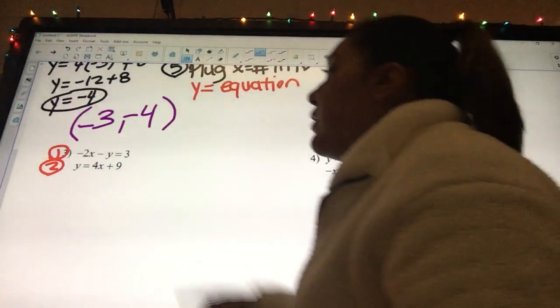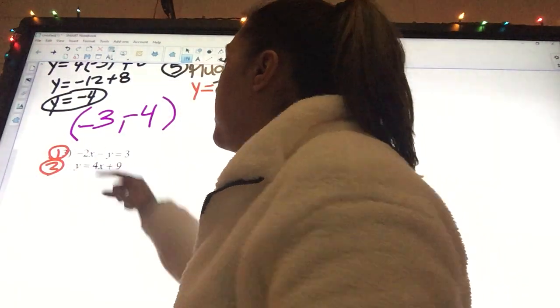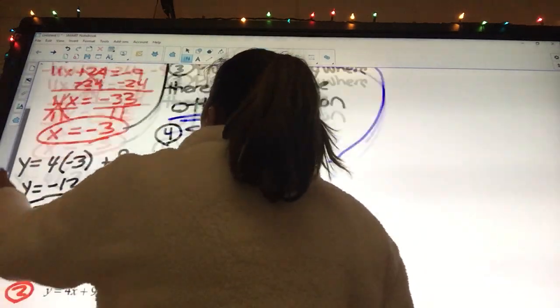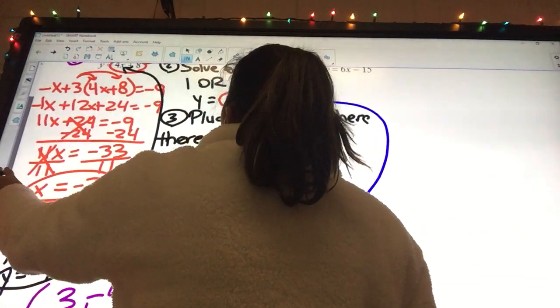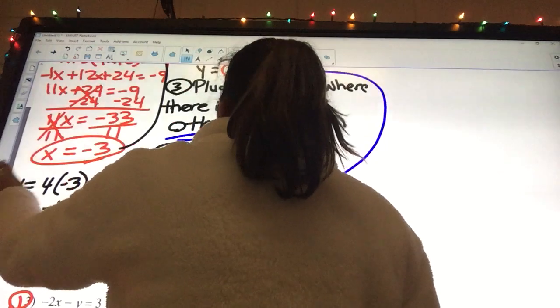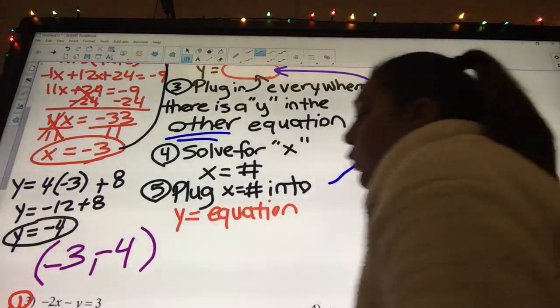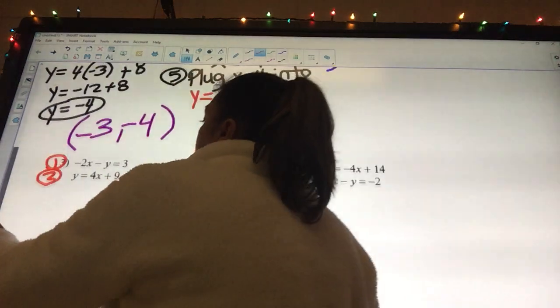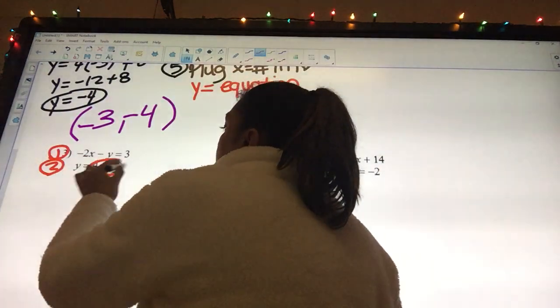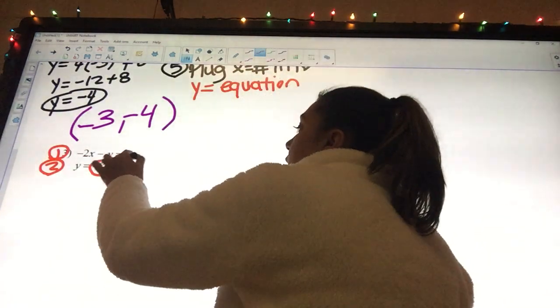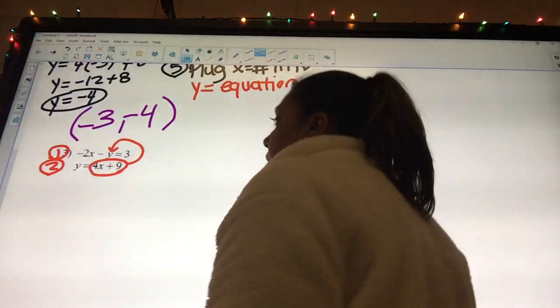Well, one of them is already solved for y, this bottom one. Then it says to circle it, and plug in everywhere there is a y into the other equation. So on this one, we're going to circle this and plug it into the other equation. So you're going to swoop it up here.